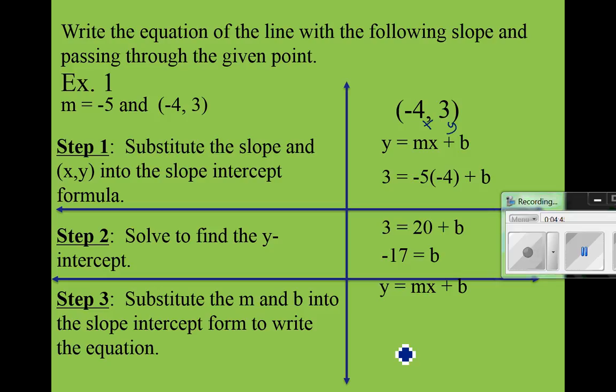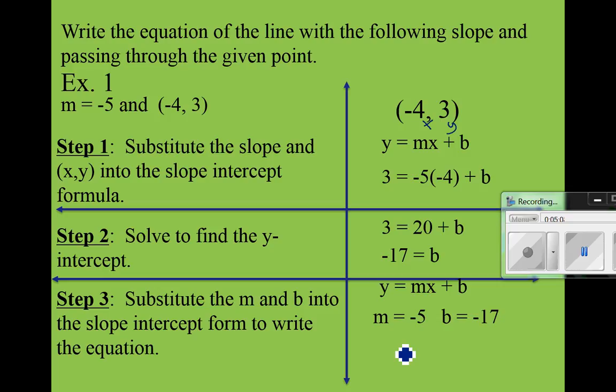And tell me again, what are the two things that we need to be able to write an equation? M and b. Do we have those? Yes. So m equals negative 5, b equals negative 17. I need you to raise your hand if you do not know where we got one of those.